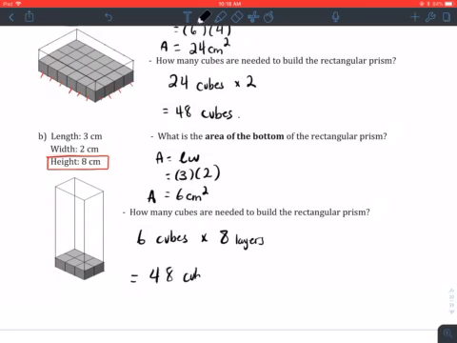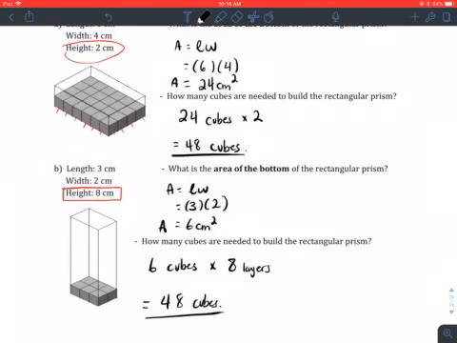And again, we're going to have 48 cubes, the exact same number as above. Okay, so what you can see is even though the area might change, the volume stays constant. The area might change, but the volume stays the same.